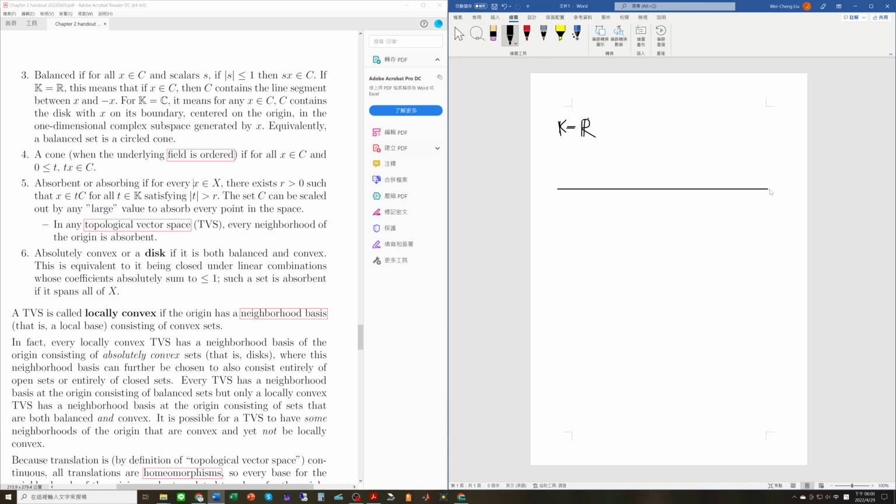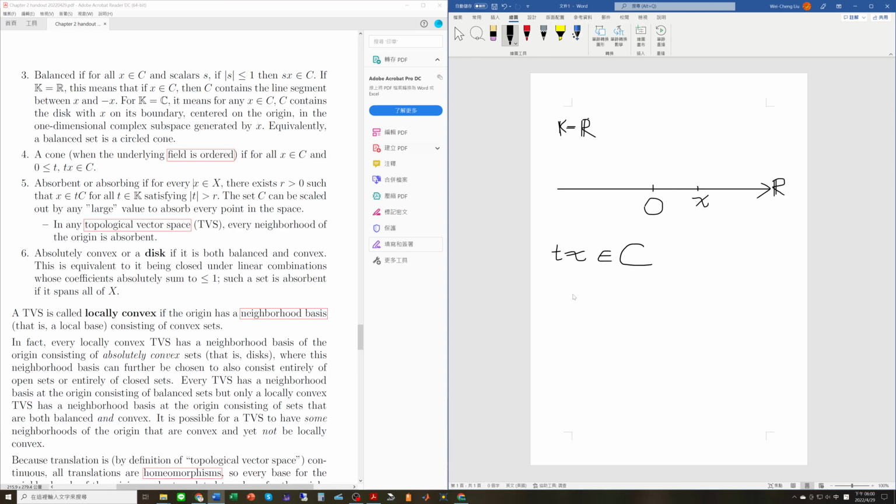So let us draw the real number line, and this is the origin. For all x in C, for example the point x, and 0 is smaller than or equal to t, then tx is in C.